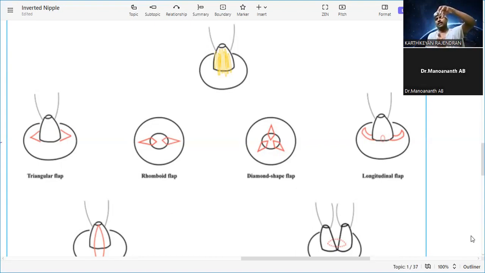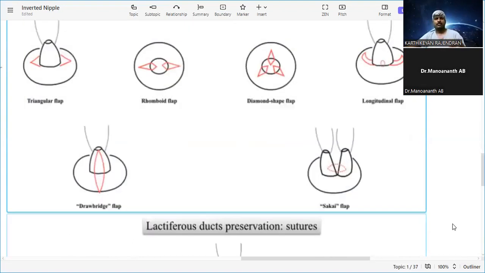We pull the nipple and constrict the base, so the nipple stays in position. So these are all the dermal flap techniques. The flap is excised and sutured. Then there are the Dropbreech flap and the Sakai flap.